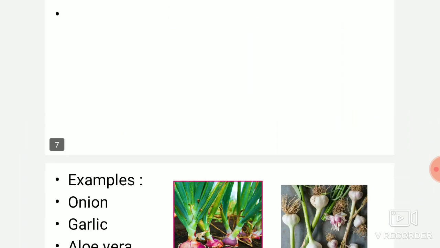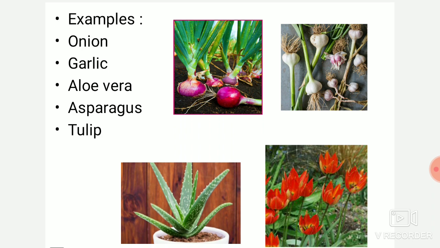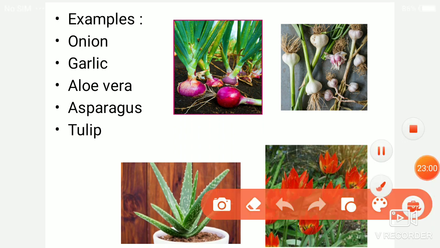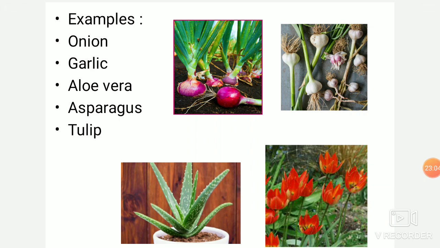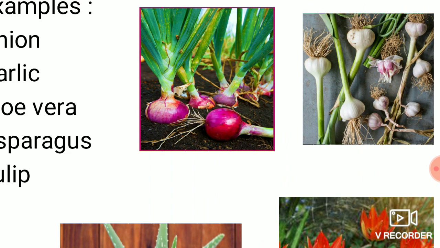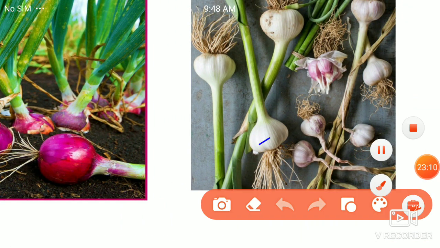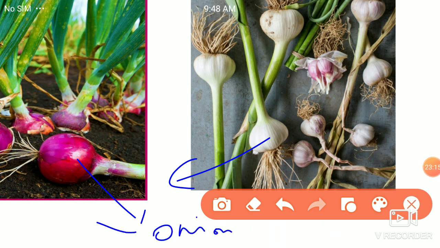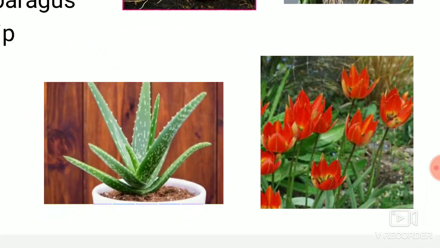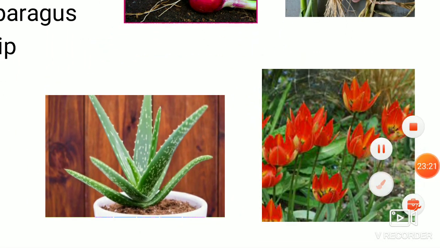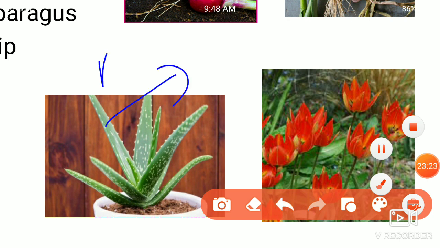Then if we consider the examples, we are familiar with these examples. Here you can see onion, that we use daily in our home. Garlic, you can see the garlic. Onion, this is the onion. Garlic, this is the garlic. And you can see aloe vera, this is also familiar to us.